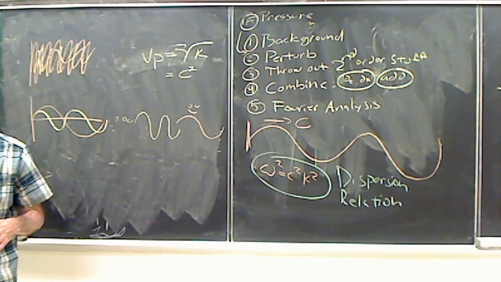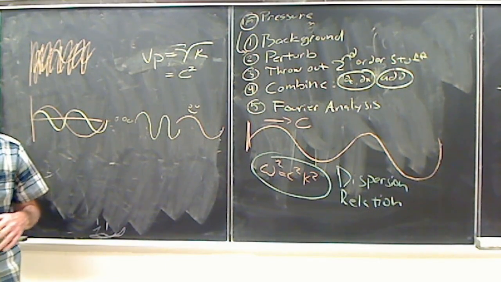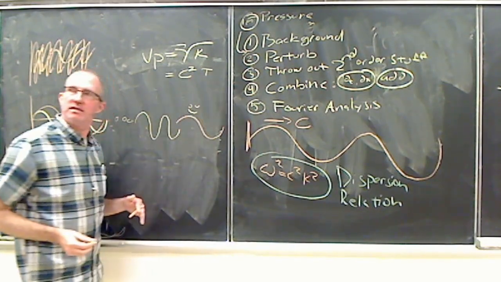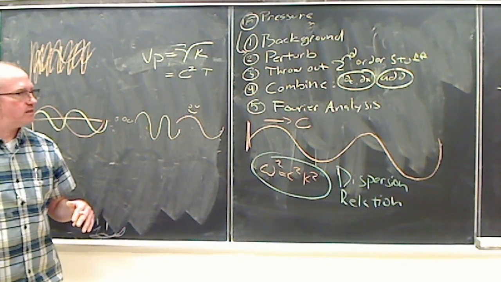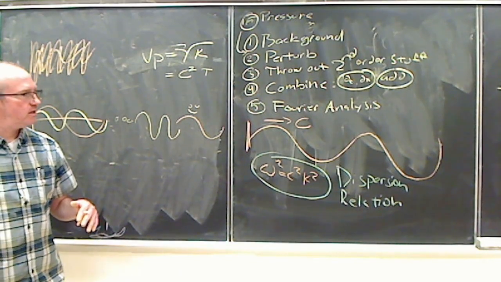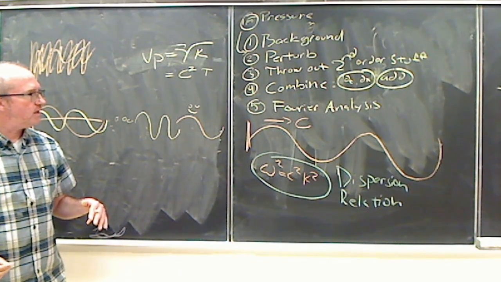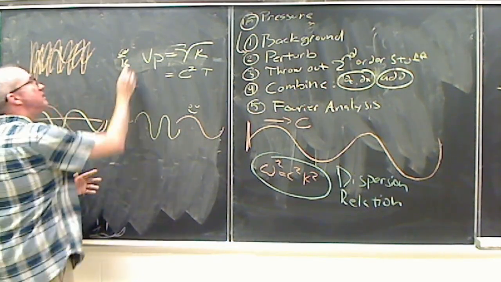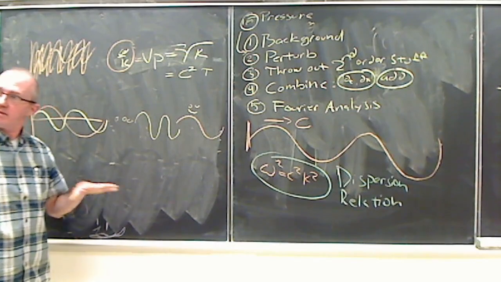So C is omega over K, right? It's also T. Okay, but C depends on K as well, right? Are you saying that the ratio of omega to K is always constant? Omega over K is VP.